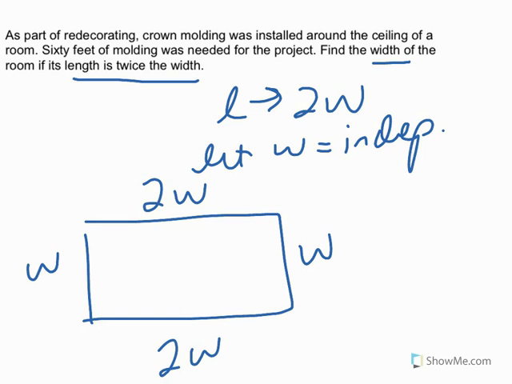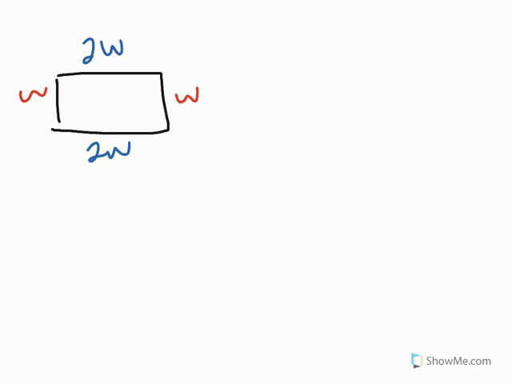So let's set up our equation to bring this all together. Just read through the rectangle here to make it a little bit easier to see. We know that the perimeter of any shape is given to us by taking the lengths and adding them together, and by taking the widths and adding them together, or just going around the shape. So what you really have is length plus width plus length plus width.